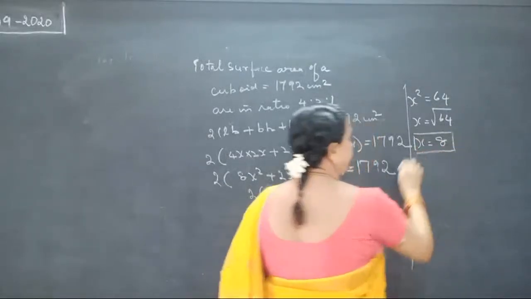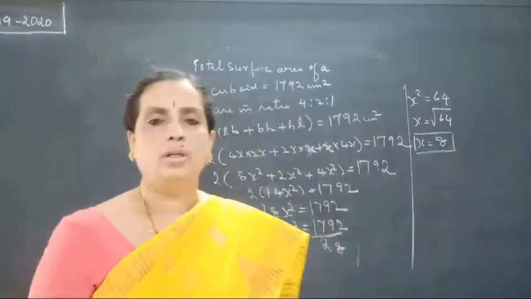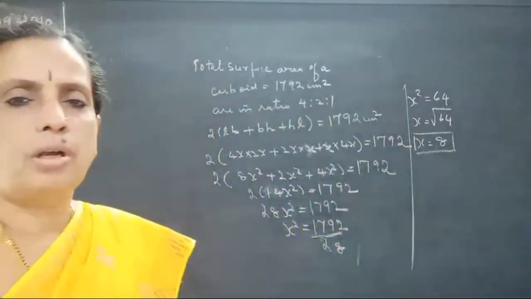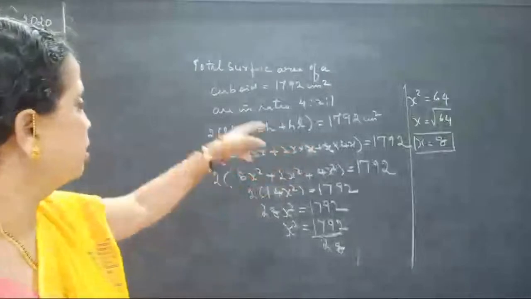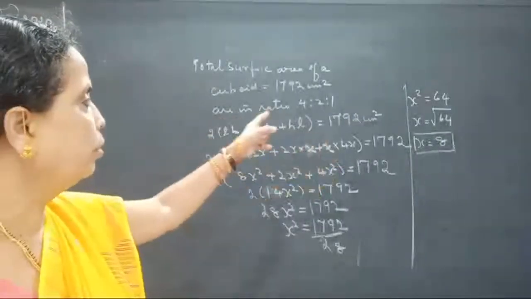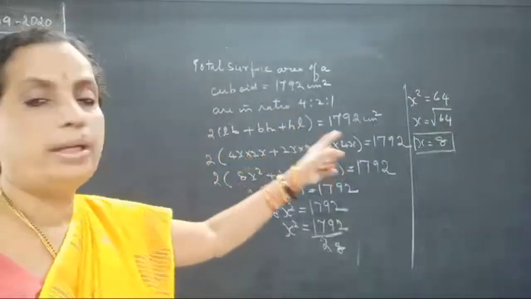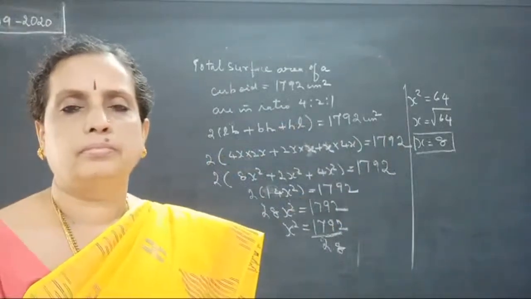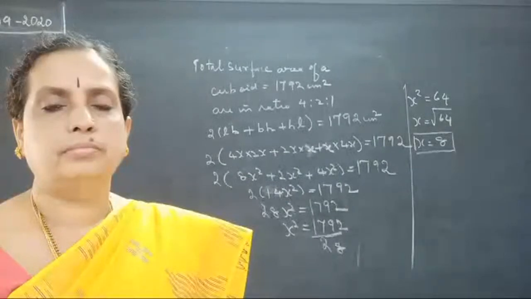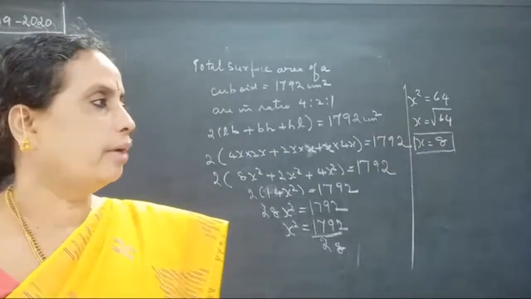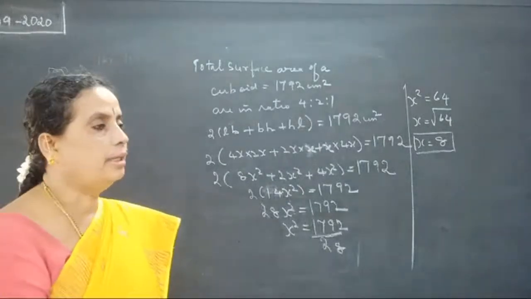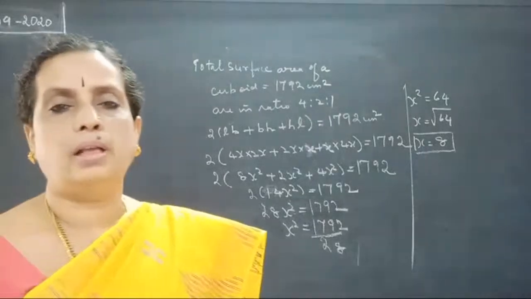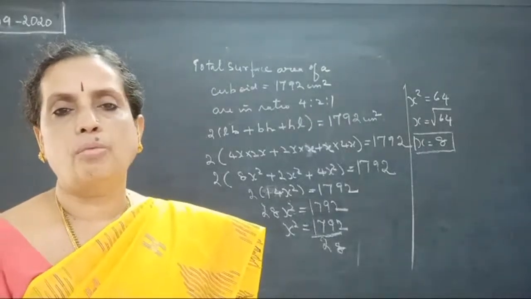Knowing the constant value of x, the dimensions are 4 into 8, 2 into 8, 1 into 8. Find the value of x, then write the length, breadth and height of the cuboid.